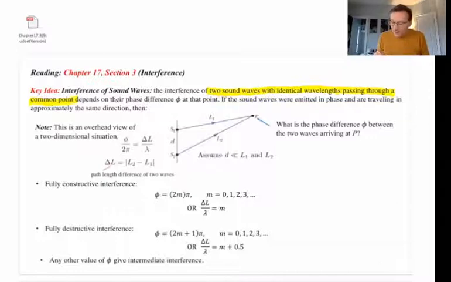Now, what we're saying here is that the kind of interference that we observe at the point depends on what we call the phase difference phi between the two waves. And remember, phi is basically telling you, if you think of two sinusoidal curves, how are they lined up with each other? Are they lined up crest to crest, or are they shifted relative to each other?